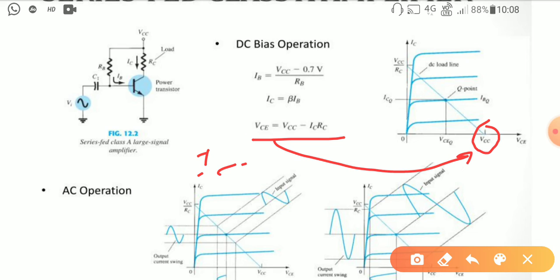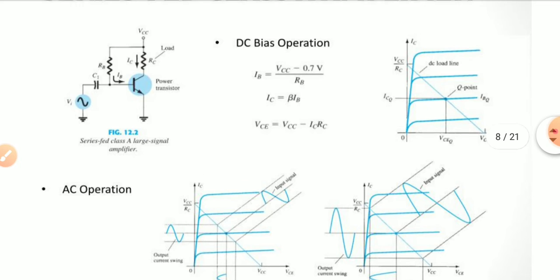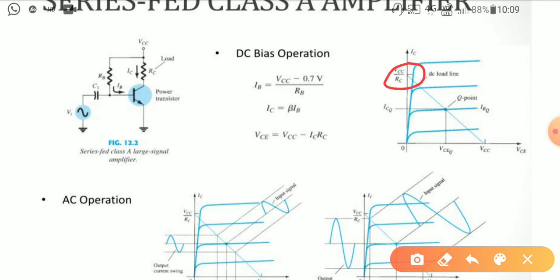So if IC is to be maximum, VCE should be equal to 0, and then IC is VCC by RC. So the maximum IC is VCC by RC, and the maximum VCE is VCC. If you connect them, the DC load line will be created.